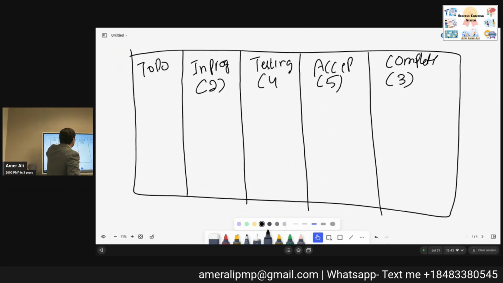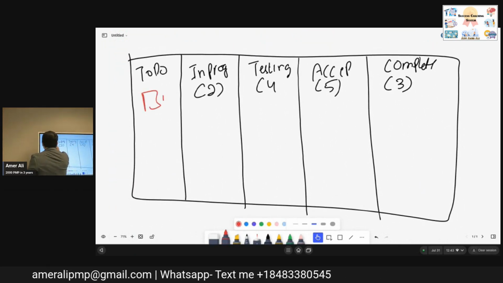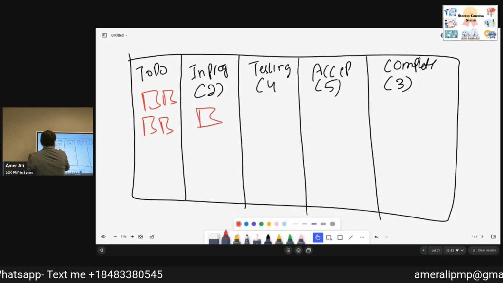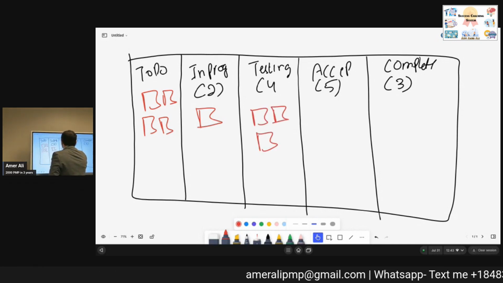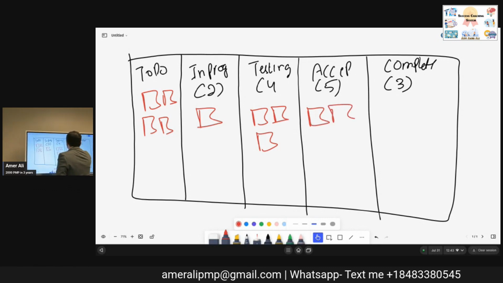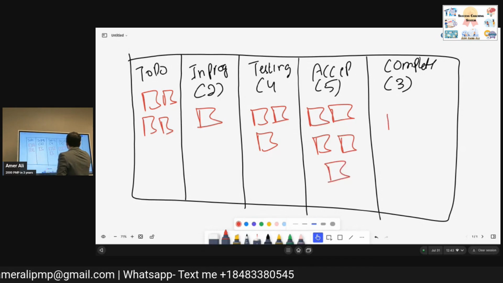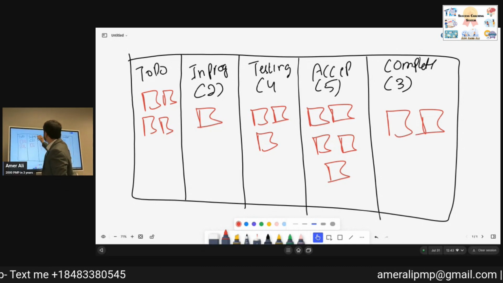Okay, this is a question for you in the exam. Let's say, what is the bottleneck here?